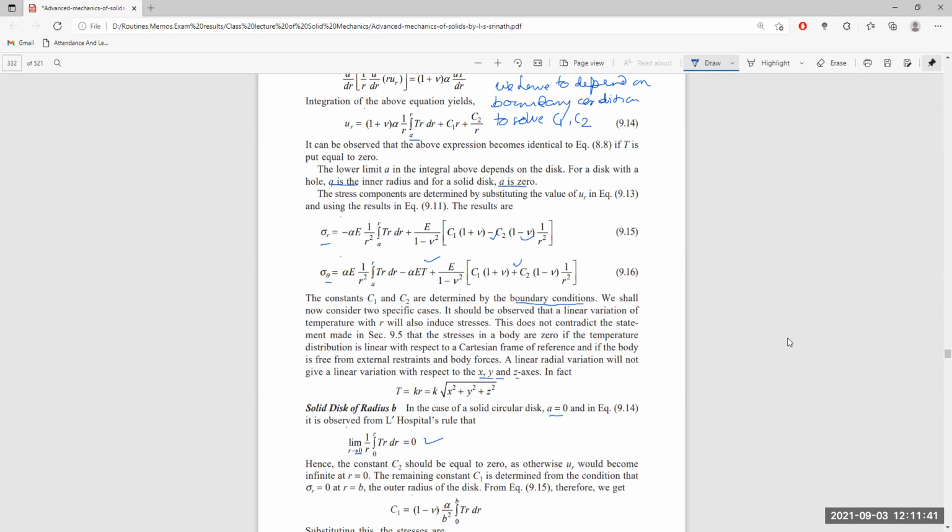Why? If C2 is not equal to 0, then when r tends to 0, both these stresses tend to infinity itself.